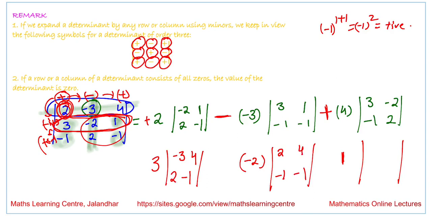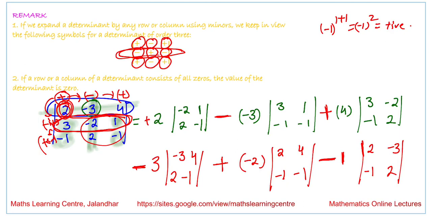And corresponding to 1, we have 2, minus 3, minus 1 and 2. Now how do we assign the signs in this case? We are talking about this second row. The first sign is negative, next it is positive, next it is negative.